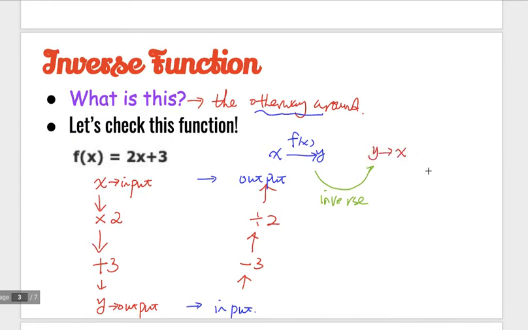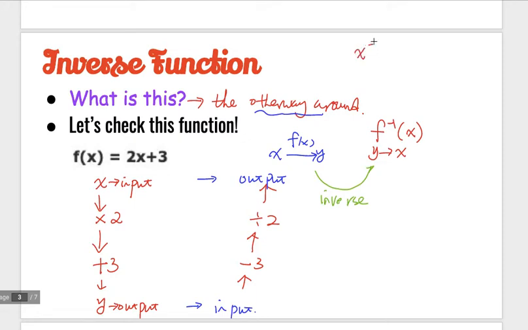And how do we notate this one? Since it's inverse, it's going to be f inverse of x. So the original output is our new input. The original input is our new output. So that's what I said, go back to the input again. And this little one is different from the negative 1 as an exponent.